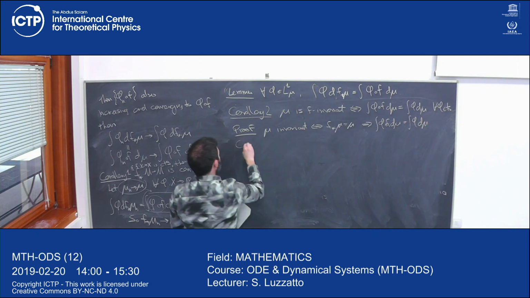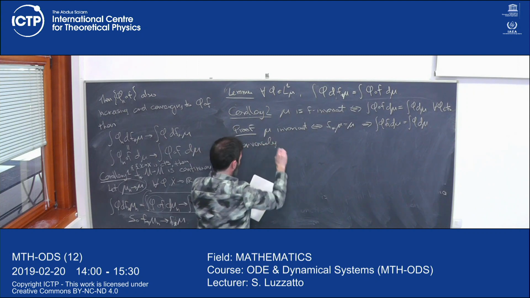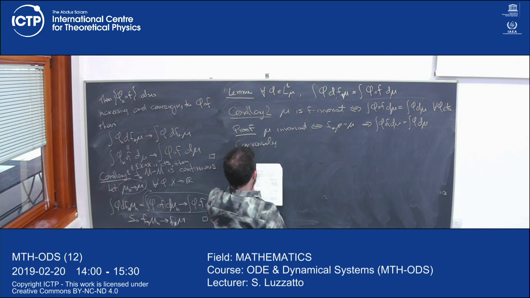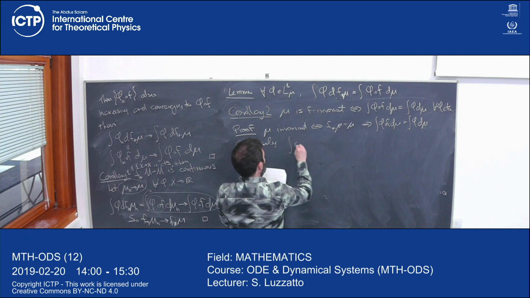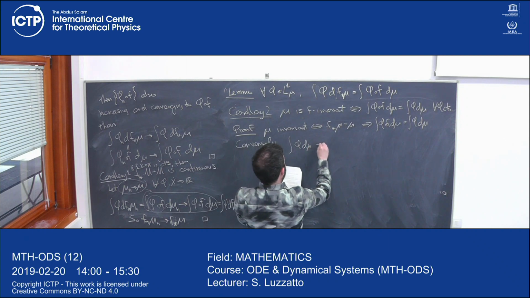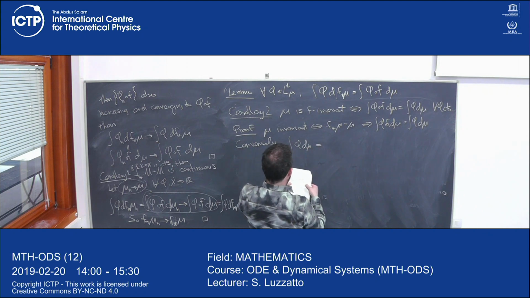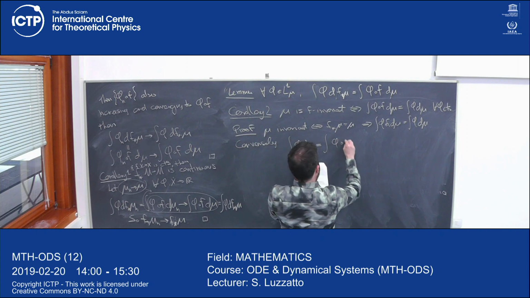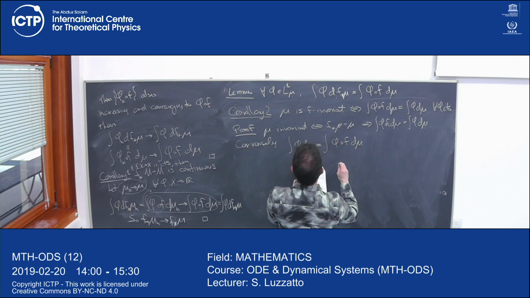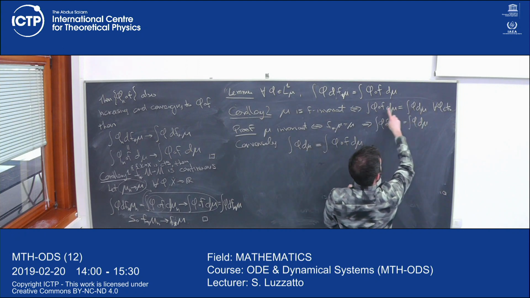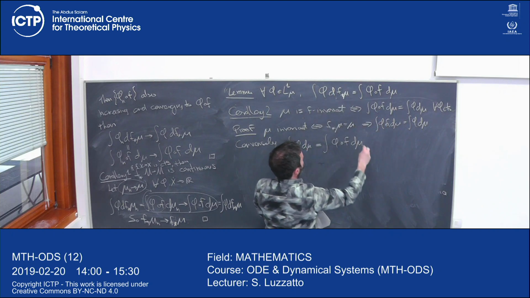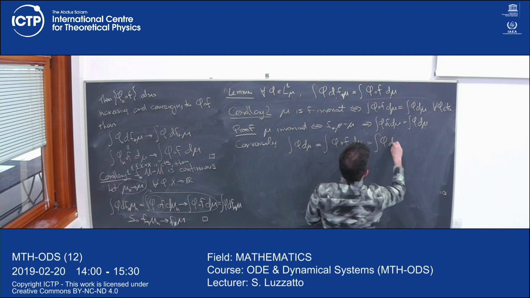Okay, conversely, if we take the integral of phi d mu equal to the integral of phi composed with f d mu, so we assume that this is true, then we use the lemma to say that this is equal to the integral of phi d f star mu.